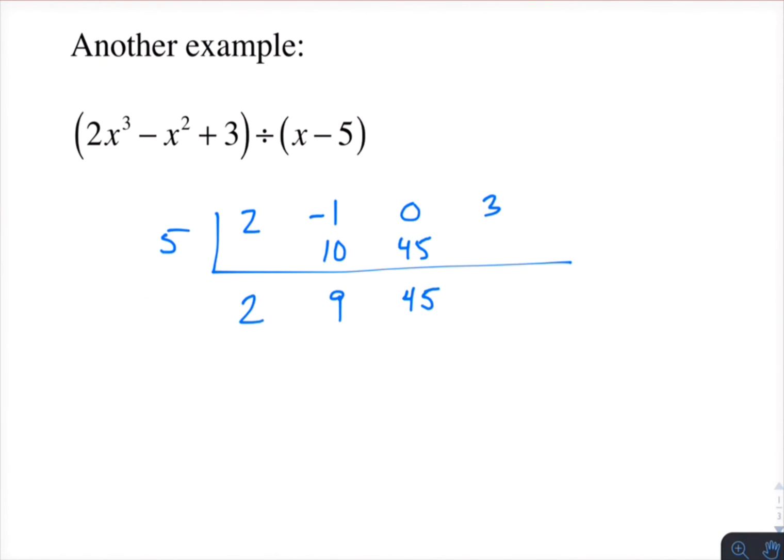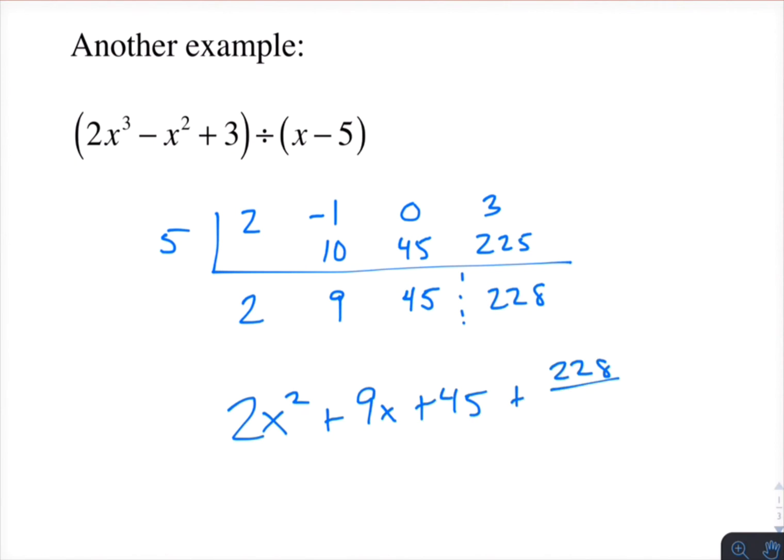Multiply, what is that? 25, 225, add. So, started with an x cubed, that means we have x squared as our quotient. So it's 2x squared plus 9x plus 45, and 228 was the remainder, which we will write over the original divisor.